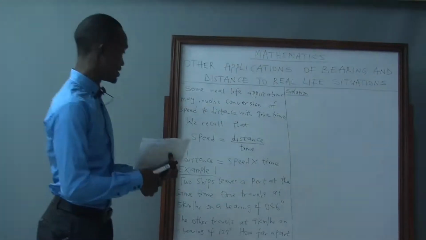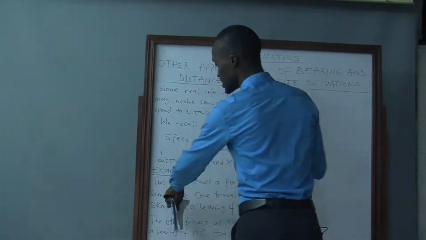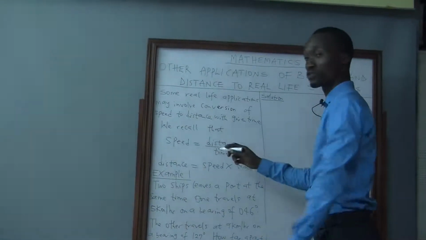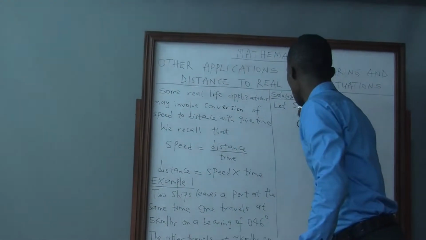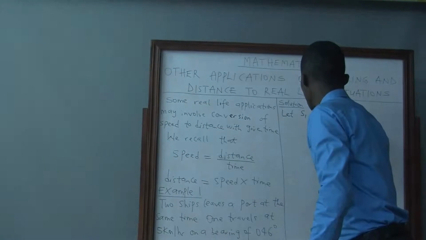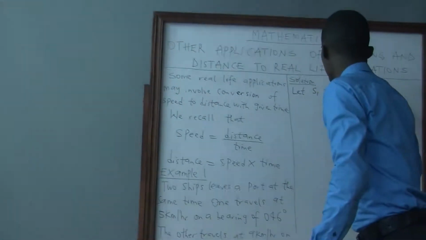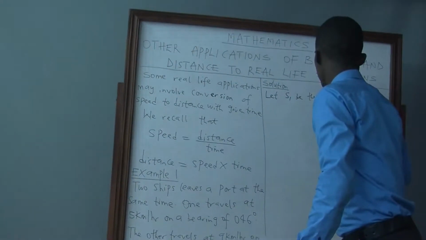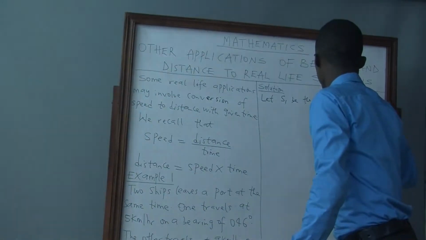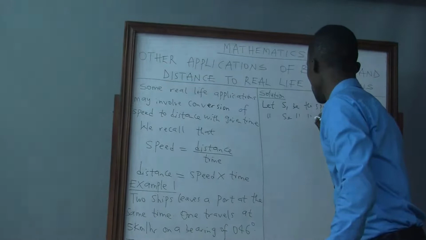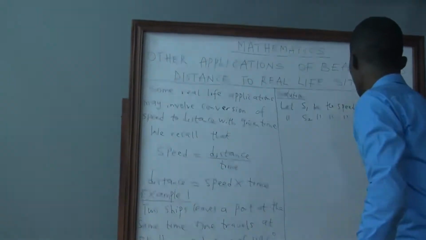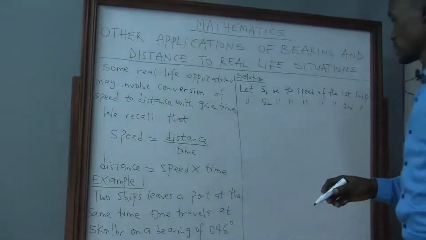So what we do here is we represent the first value that we have there, 5 km per hour. We say let S1 be the speed of the first ship. We use S2 to represent the speed of the second ship.